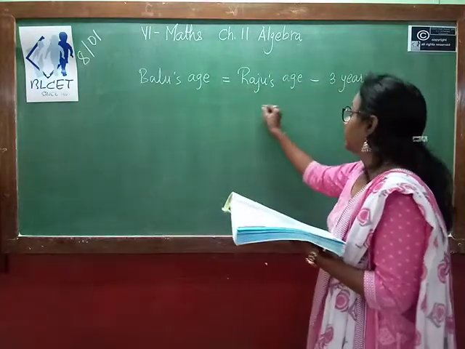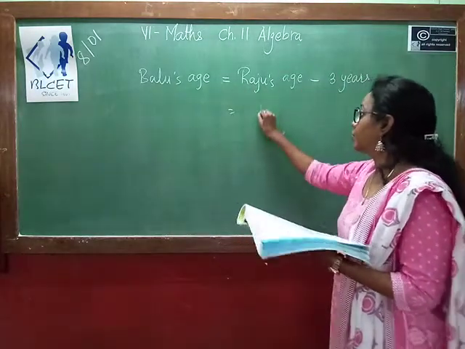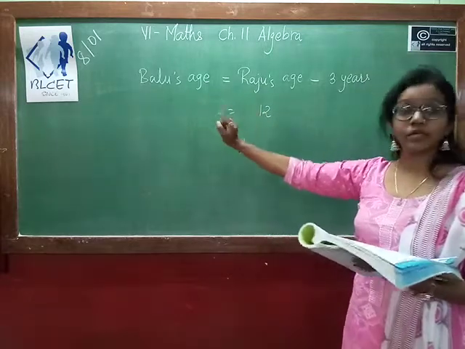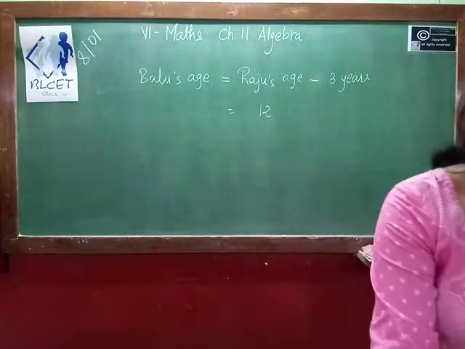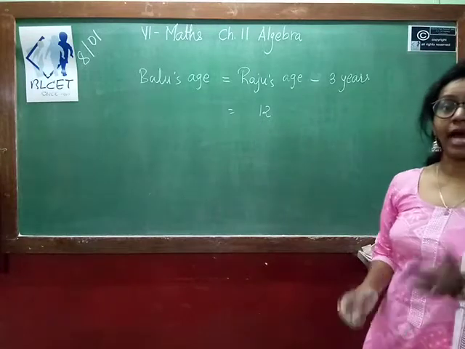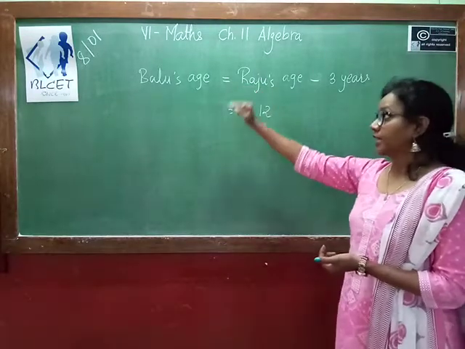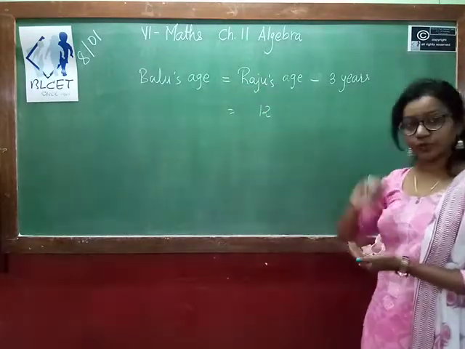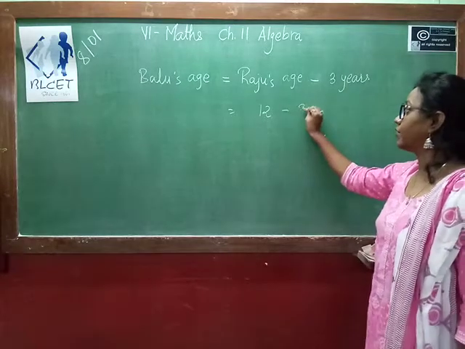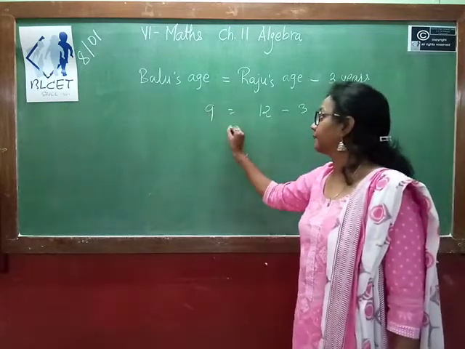Balu is younger, so Balu is smaller in age compared to Raju. So 12 minus 3, Balu's age is 9.